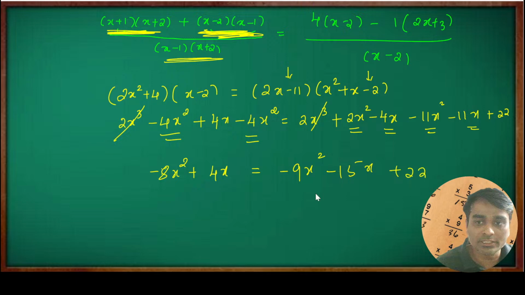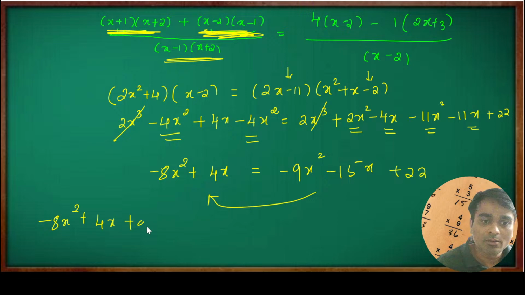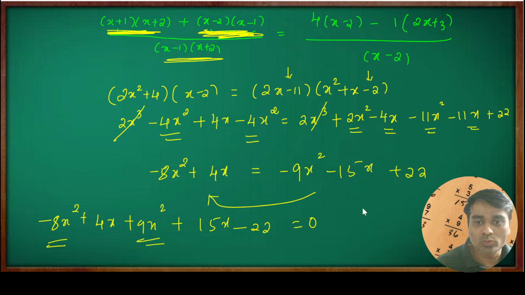Shift all these numbers this side, so you have minus 8x square plus 4x plus 9x square plus 15x minus 22 equal to 0. Now look at this, minus 8 plus 9 means 1. 9 minus 8, it is like x square. Okay, then 4x plus 15x is 19x, and I have minus 22. Now you are ready with the standard form of quadratic equation.